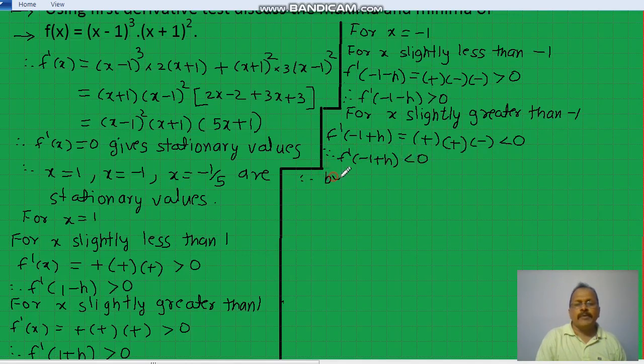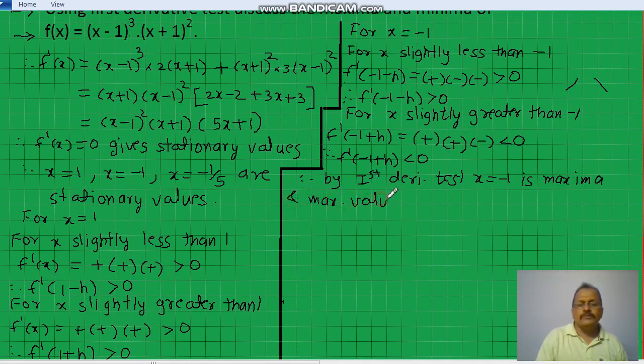And therefore by first derivative test, x equal to minus 1 is, towards left it is an increasing function, towards right it is a decreasing function, so it is maxima, and the maximum value of f is f of minus 1 equal to (minus 1) bracket cube into (minus 1 plus 1) bracket square equal to 0.